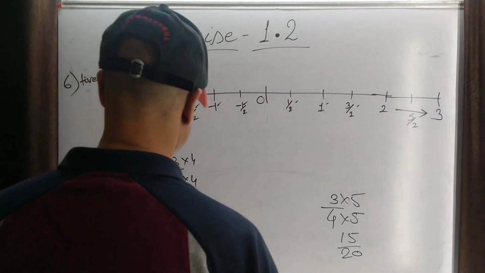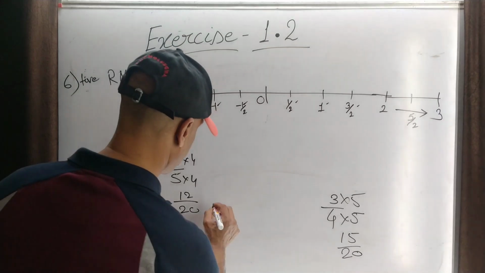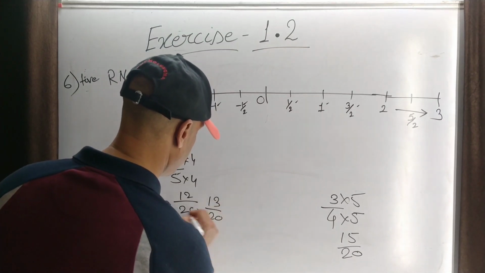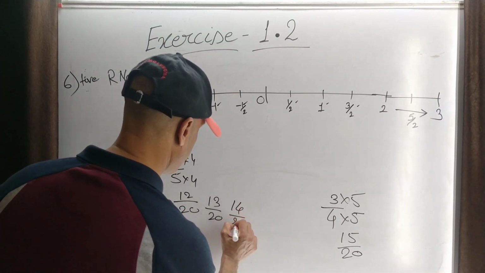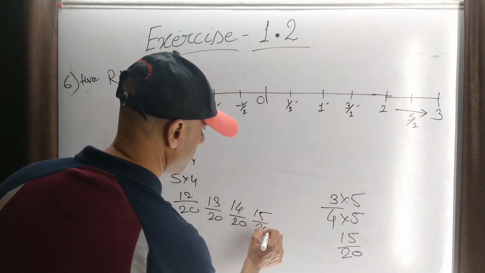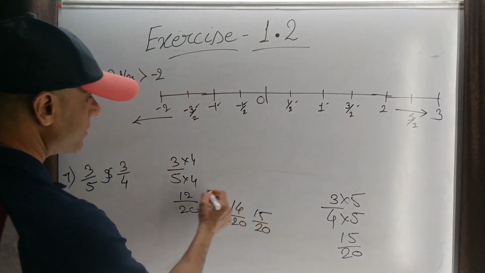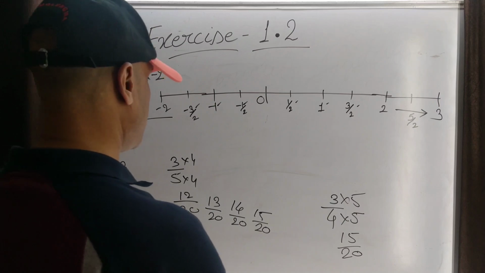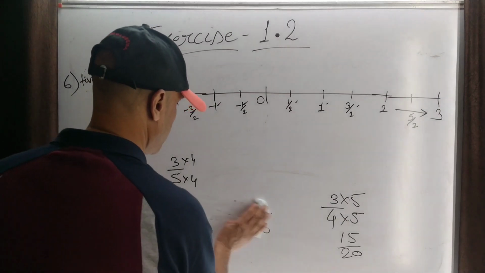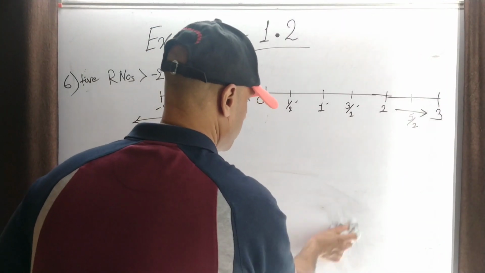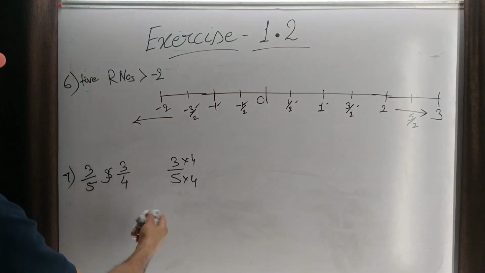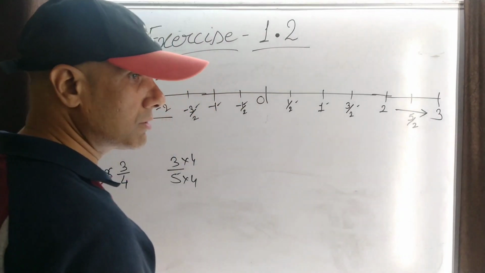Okay, so from here, if we start taking numbers, 13/20, 14/20, we finish off here. Only two we are able to get. So let's jump a bit so that we get the results soon. We can make it 80 also.